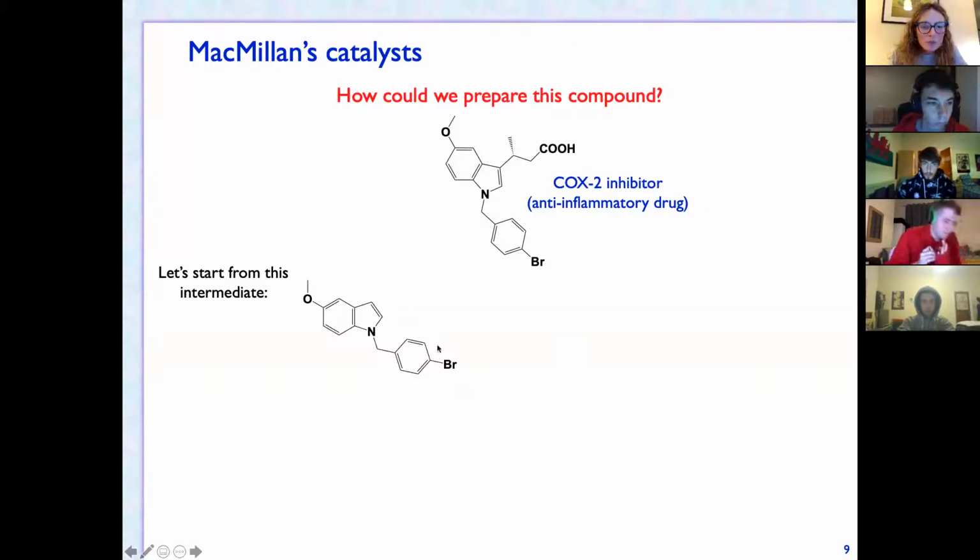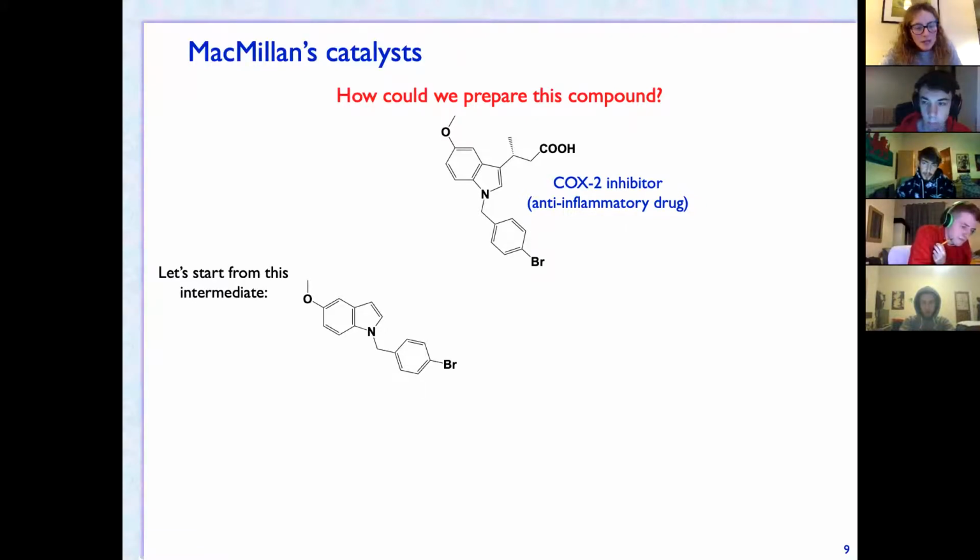What can we use together with this intermediate here? So this can be one of the two reagents we need. What else can we use? An aldehyde, maybe? Aldehyde, yes.